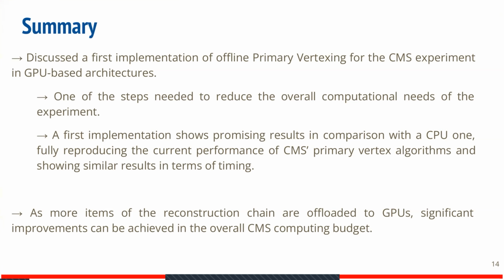Of course, this will improve if other parts of the reconstruction are also put into GPU, so we can profit from running the whole chain without depending on CPUs. But this already shows some promising results that are for sure going to be part of the CMS strategy going forward. I think I ran out of time, so I'm going to finish things here. Thanks everybody for listening.